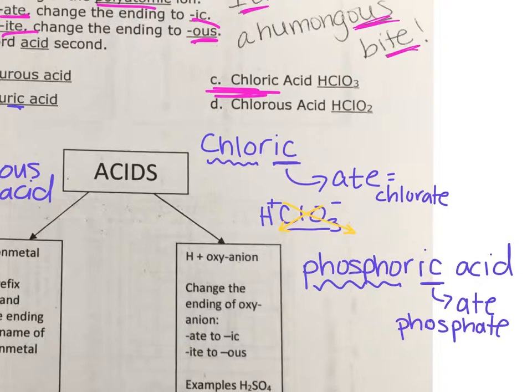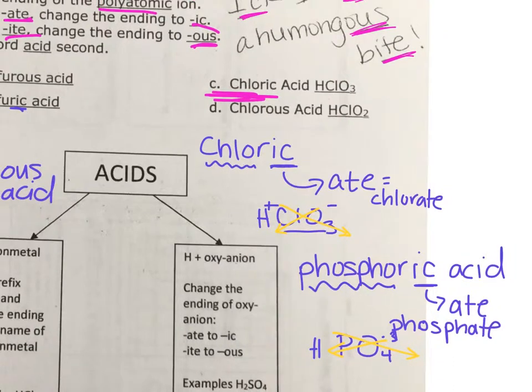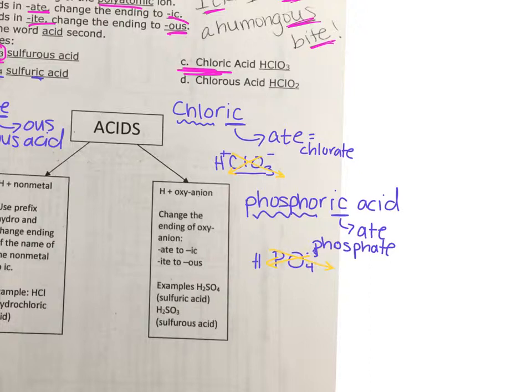I know that it's going to be an H. I know there's going to be a P and an O for sure. Just don't know what else is going to go with it. So look up phosphate. What is phosphate? PO4 with a charge of -3. So we're going to crisscross the charges. And that leaves us with H3PO4. So that's where our polyprotics come from, is the fact that they're mixed with things that have a charge.